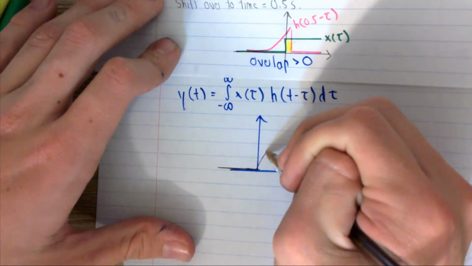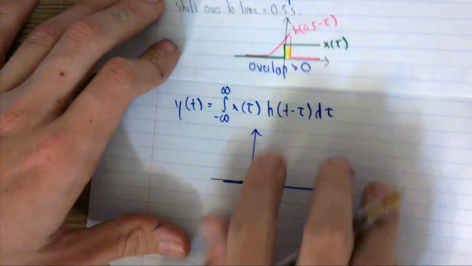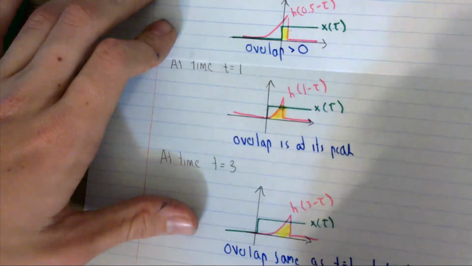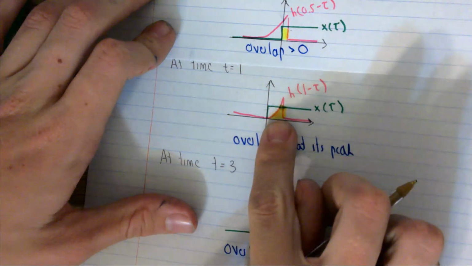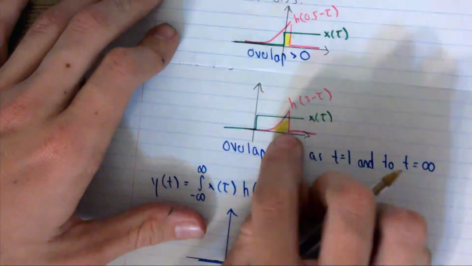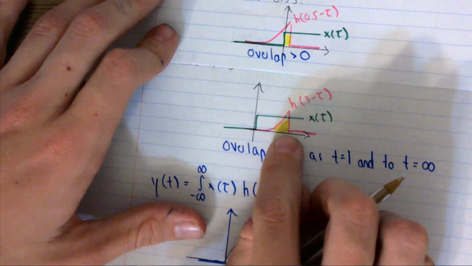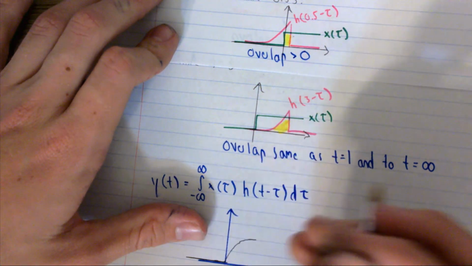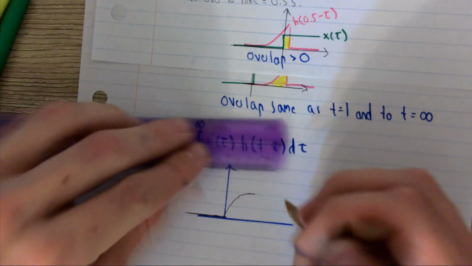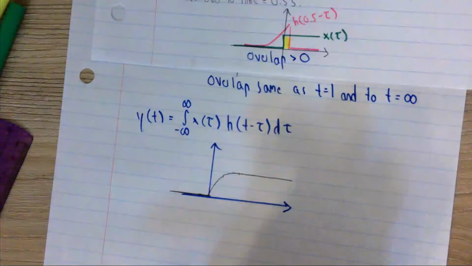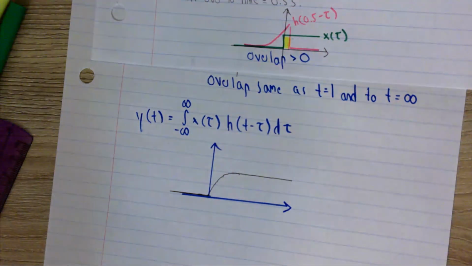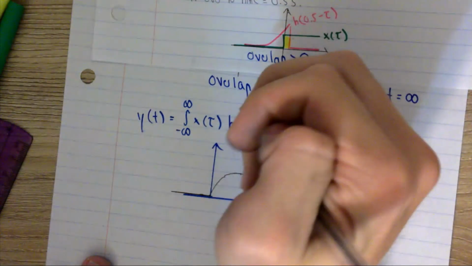As we kept moving this pink one to the right, it got larger. Then it reached its max value, and that max value is going to stay the same as it shifts to the right since it's the unit step. So the area is going to remain constant. That's where the area under the two curves remains constant, so that's why I can have a constant curve here. This represents my y of t with time.